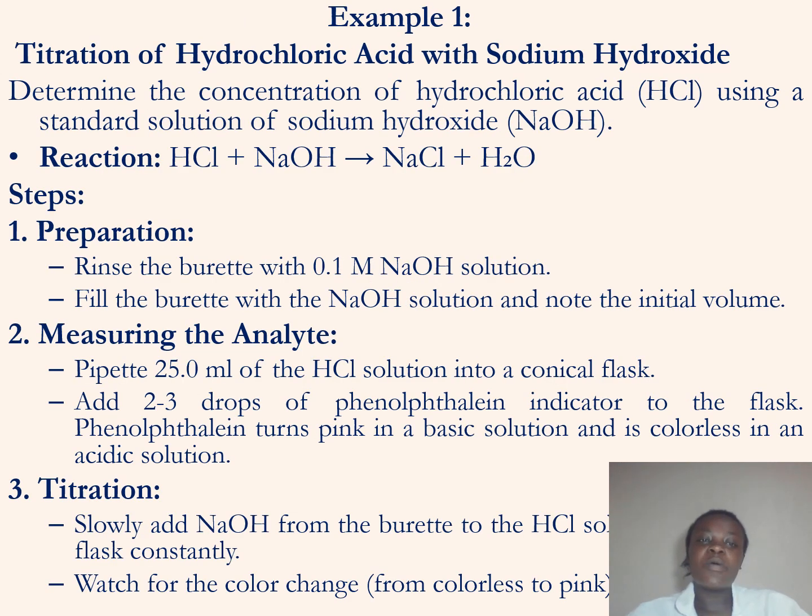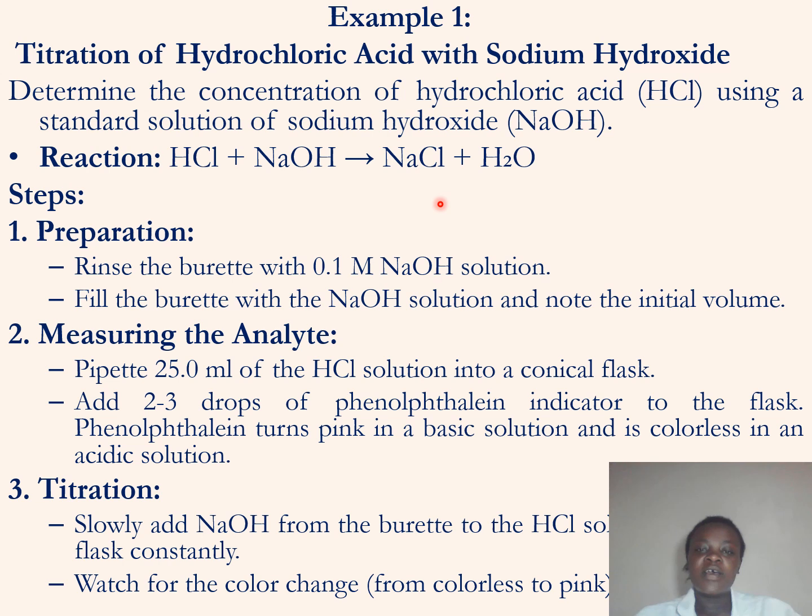We have example 1, where we are titrating hydrochloric acid using sodium hydroxide solution. Here we are required to determine the concentration of hydrochloric acid using a standard solution, that is sodium hydroxide.